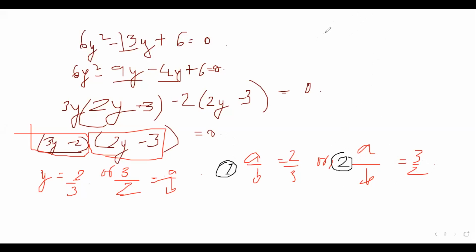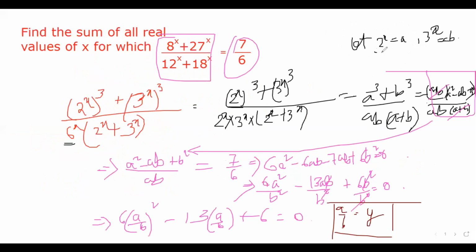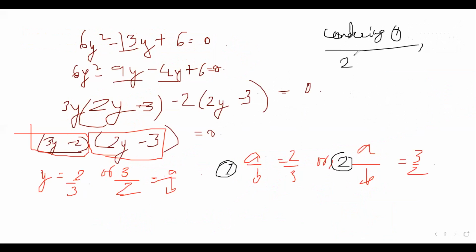Considering number 1, we get that a/b is equal to 2/3, and now we have also assumed 2 to the power x is equal to a, and 3 to the power x is equal to b. So a/b means 2^x/3^x, that is (2/3)^x, is equal to 2/3. 2/3 means (2/3)^1. So from here we get x is equal to 1.